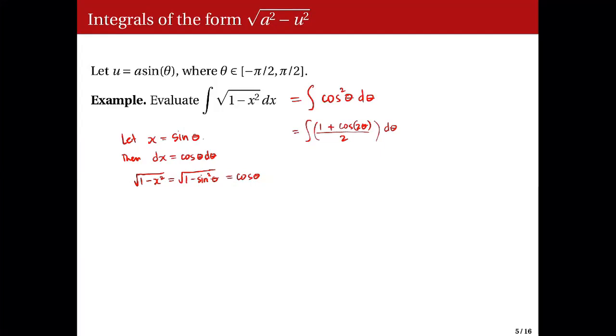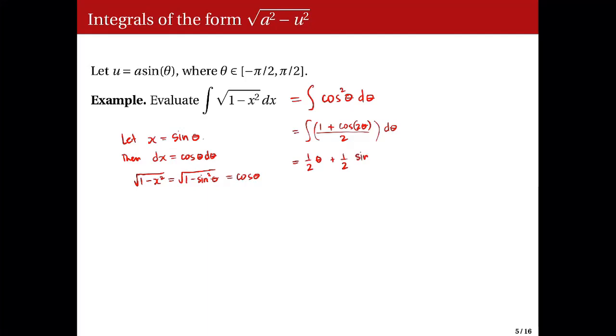So if we integrate this, we will have 1 half theta. Take note, the variable of integration here is theta. So don't forget that. Plus, you have the 1 half, and then you integrate your cosine 2 theta.